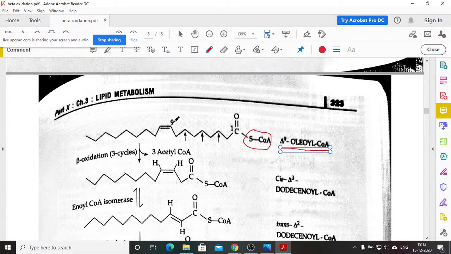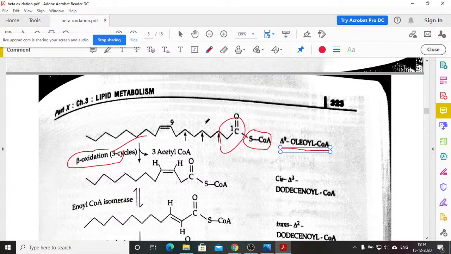This is the first carbon, second, third, fourth, 5, 6, 7, 8, 9, 10, 11, 12, 13, 14, 15, 16, 17, 18. Here there are 18 carbons, and between the ninth and the 10th carbon lies the double bond. So what happens is 3 cycles of beta oxidation take place.